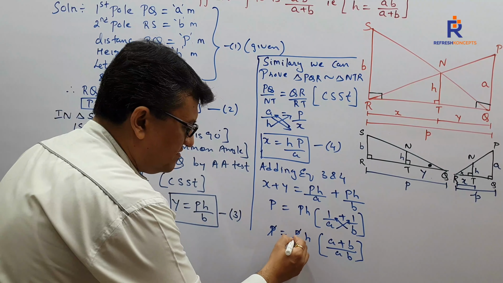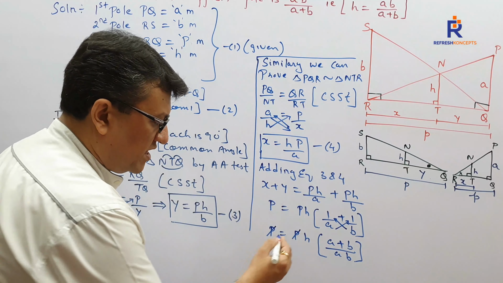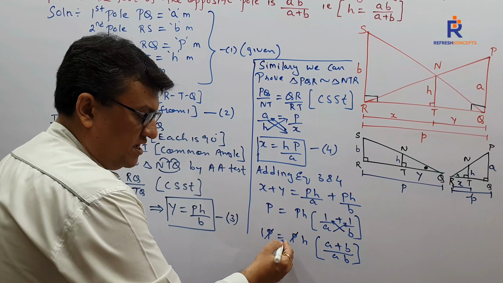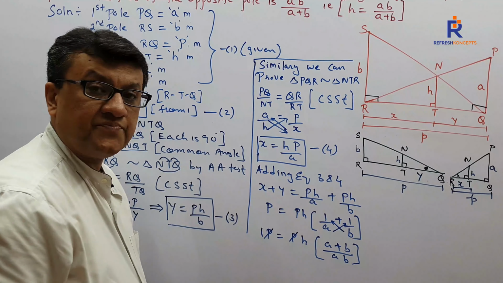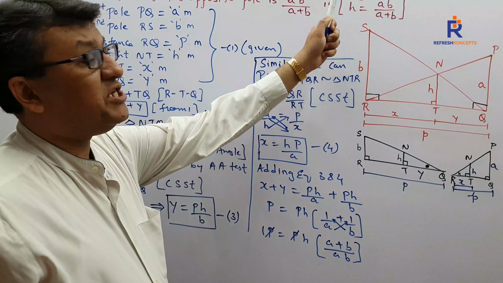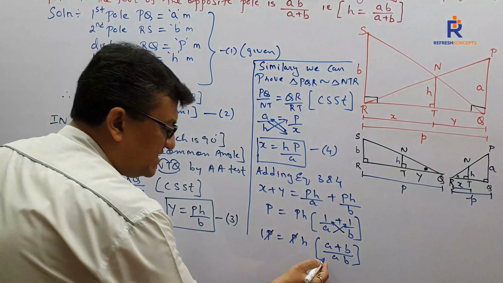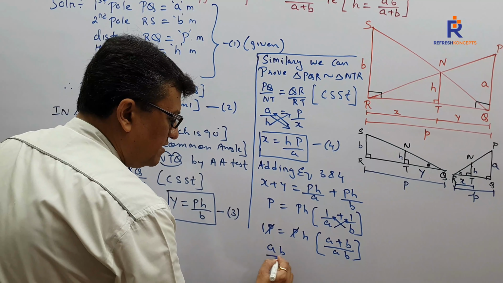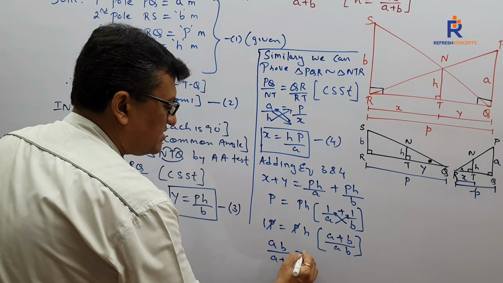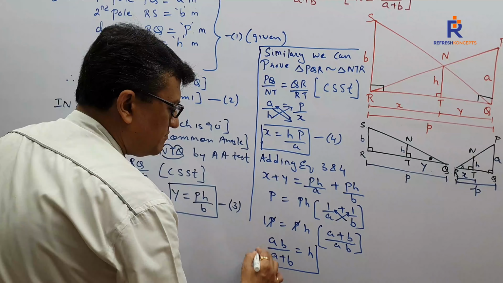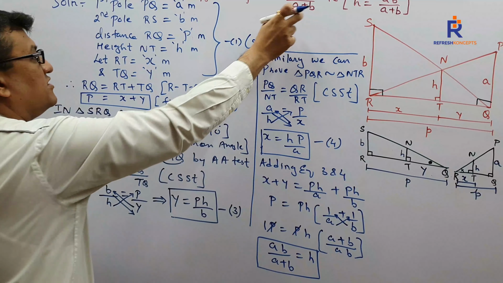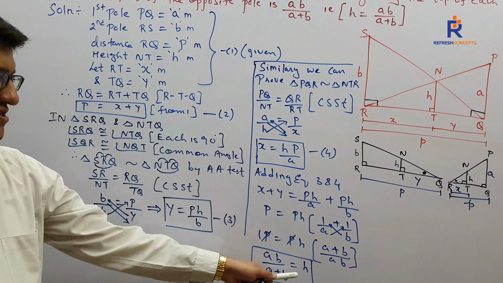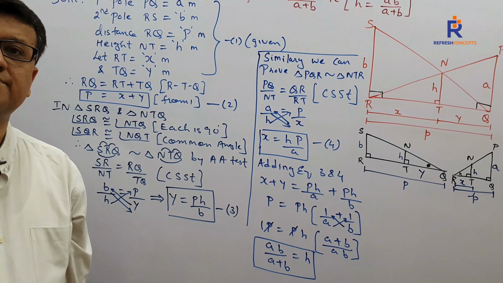Cancelling P, what am I left with? 1 is equal to H into (A plus B) by AB. But I just want H alone. So what I'll be saying, this AB goes here. AB by A plus B is nothing but H. And I think so, that's what we had to prove. H is AB by A plus B.